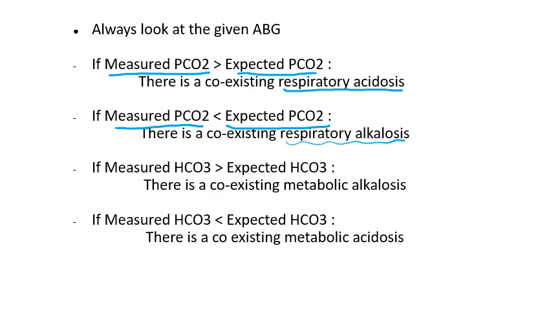Respiratory alkalosis. If the measured bicarb is more than expected bicarb, it means that the body is retaining more bicarb, and guess in which disease we retain more bicarb? Yes, metabolic alkalosis. And likewise, in which disease do we lose more bicarb? Yep, metabolic acidosis. So this is a very important slide. I want you to take a screenshot of this as well.